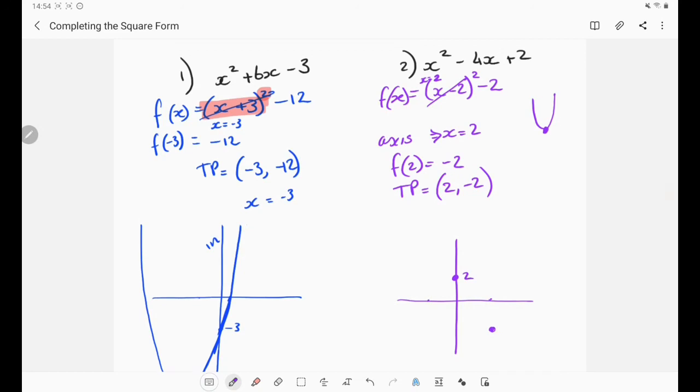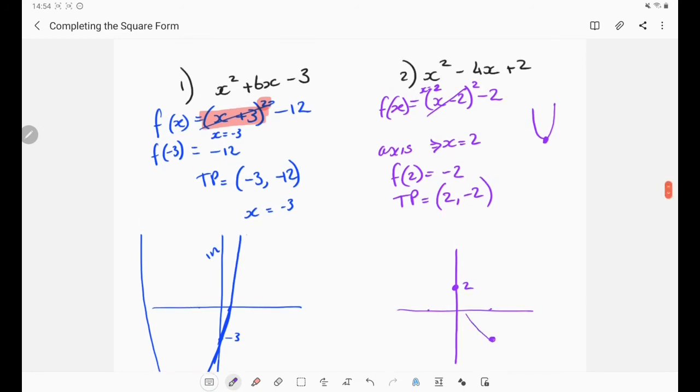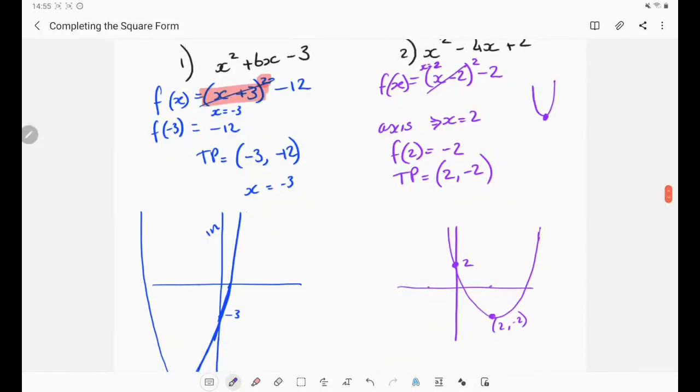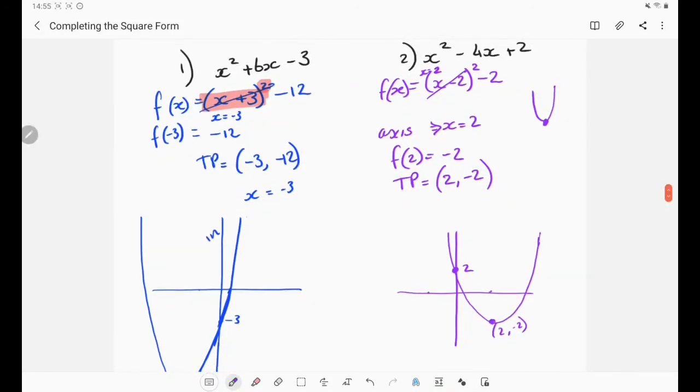Again, you're just having to do a reasonable estimate of a parabola, showing where you're crossing, and most importantly, if you've done a bad job at it, doing your best to make it symmetrical. You mark your point, and that is you having sketched, using the completed square form, 2 parabolas.